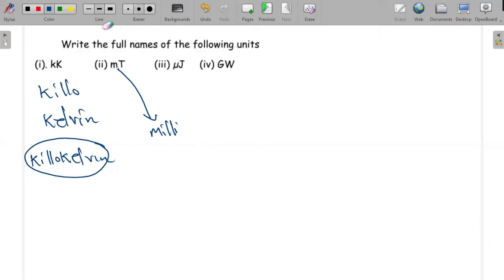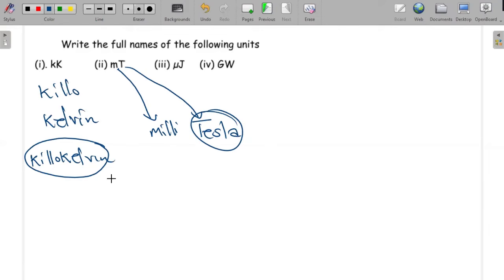Okay, I think the T has to represent maybe temperature. Are you sure? No, I'm not. What is this word here? Tesla. Tesla.